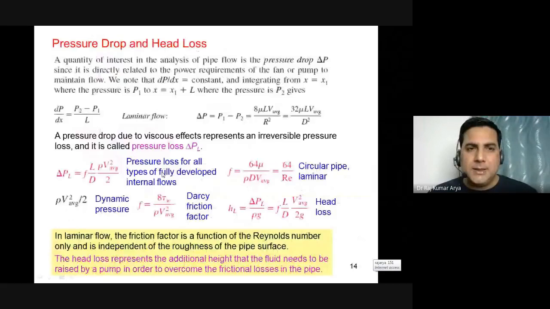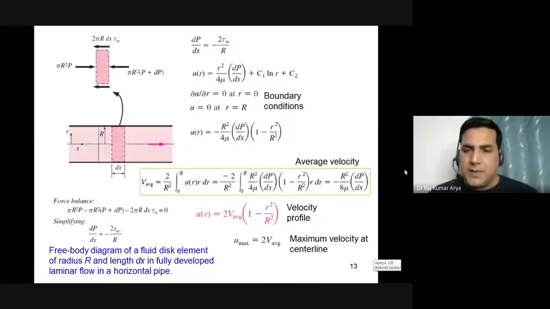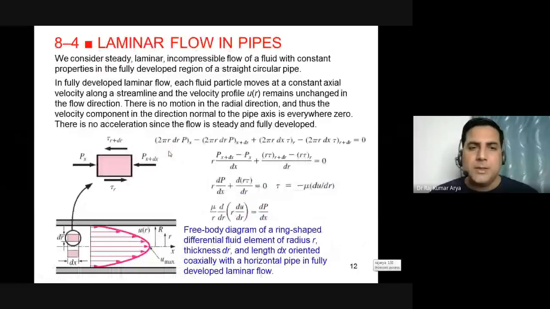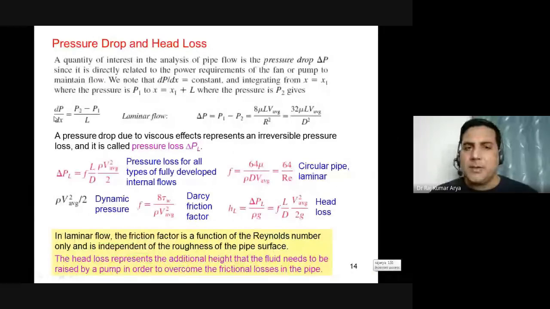Now, from here, you have a term delta P here. So this is practically treated as a pressure drop. Let's say you have two ends of the pipe, one is inlet, one is outlet. You can put pressure gauges at those particular points, and there you have pressure at point 1, pressure at point 2, and the distance between the 2 points.